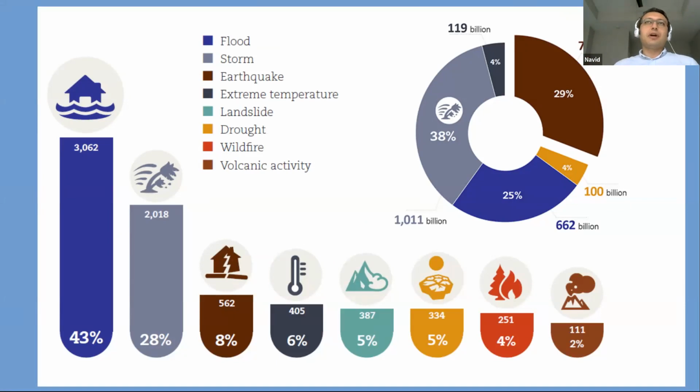Floods are one of the most damaging natural hazards occurring around the globe, and it's important to predict them well, and satellites can help us in improving those predictions.